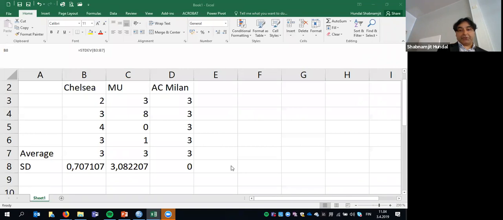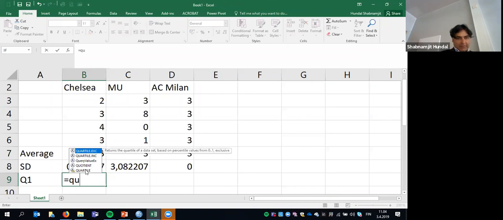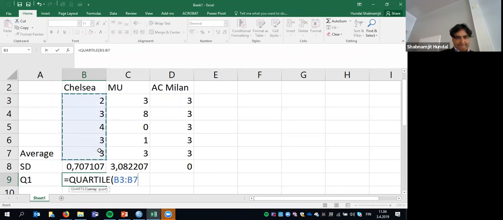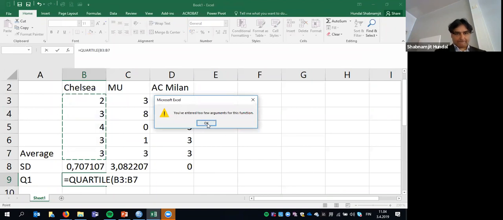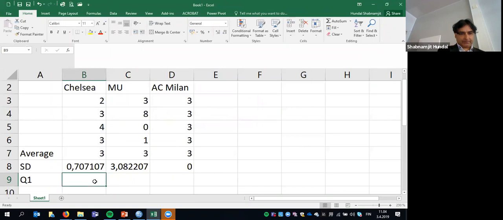I never did, but I try to do it here. What if I want to find the quartile of this data? Let's call it Q1. I hope I'm successful.